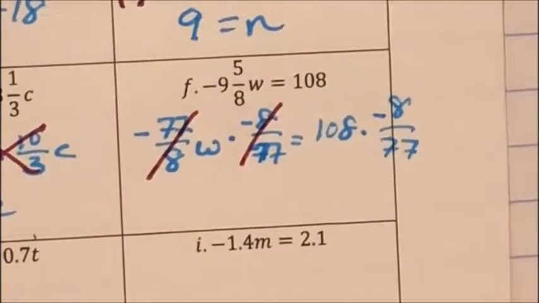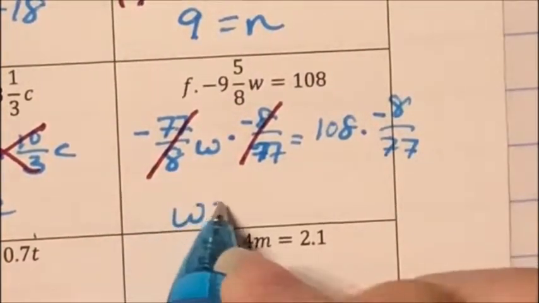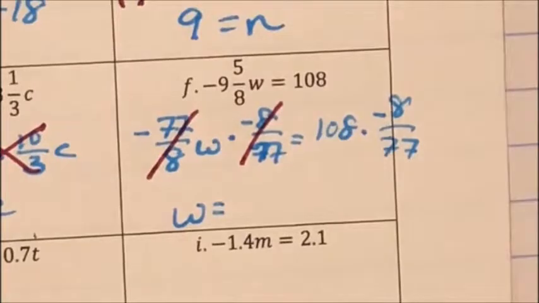Okay. This simplifies with this, so I'm left with W. Okay, I cannot simplify 108 and 77, it looks like.